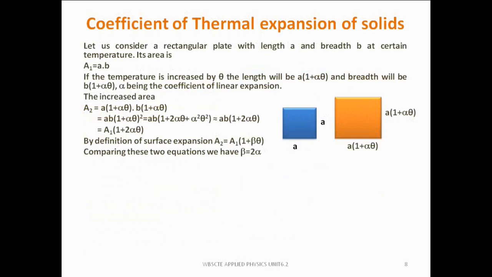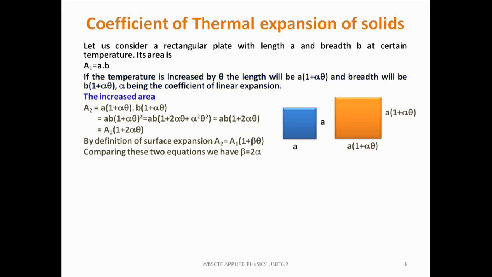We can relate the three coefficients of expansion, that is alpha, beta and gamma. Let us consider a rectangular plate with length a and breadth b at a certain temperature. Its area is A1 equal to a into b. If the temperature is increased by theta, the length will be a into (1 plus alpha theta) and the breadth will be b into (1 plus alpha theta), alpha being the coefficient of linear expansion.